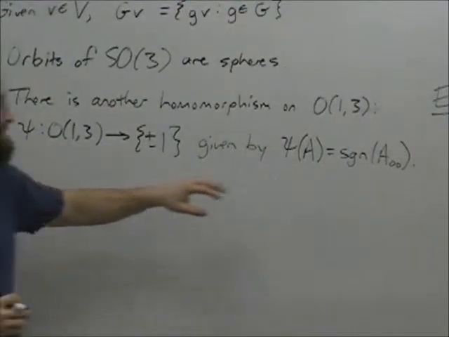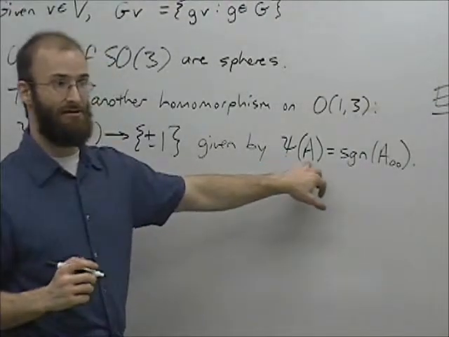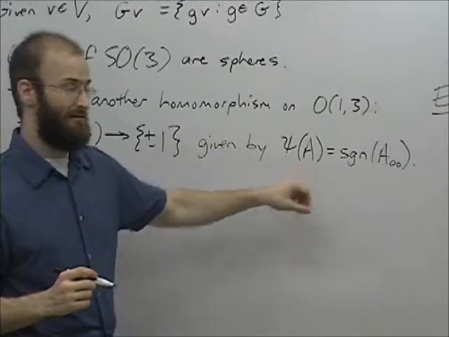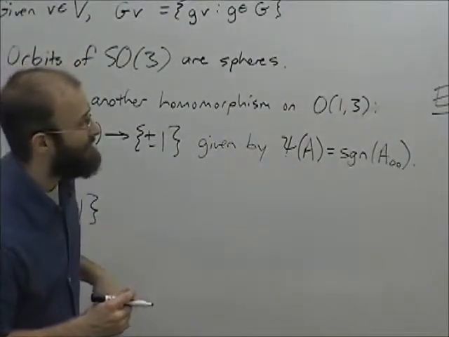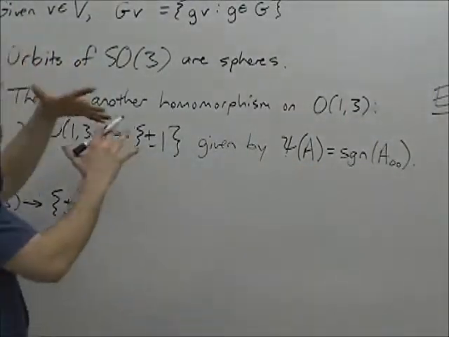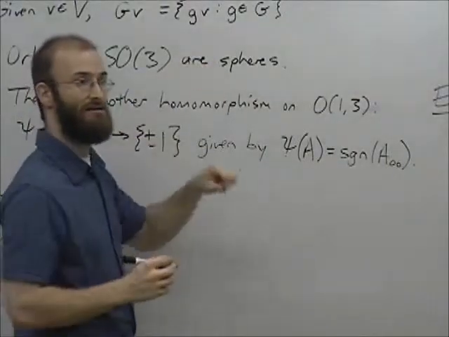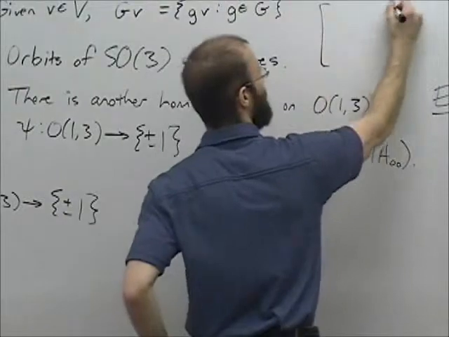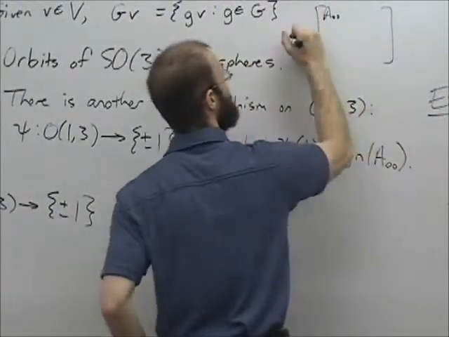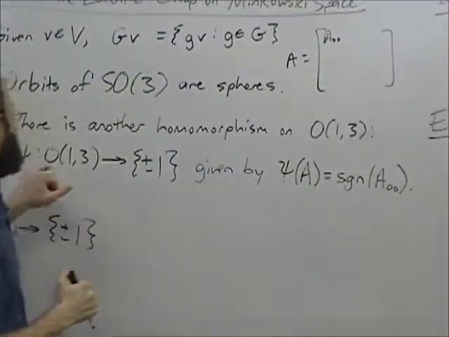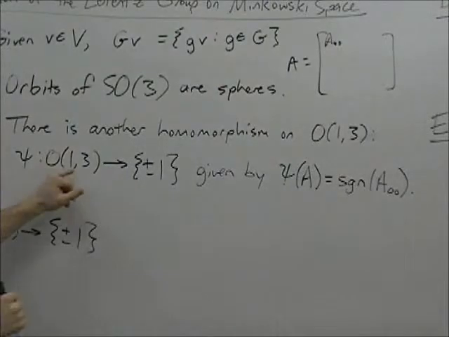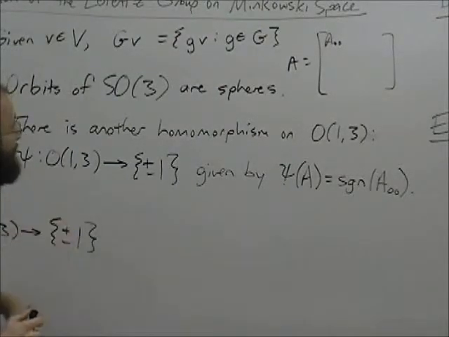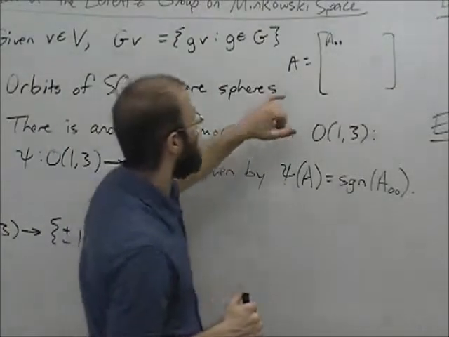Okay, what that means is A is a matrix. I've erased all the matrices, but if you look in the upper left-hand corner, this is where your A00 is. A is going to be in the orthogonal group, this is actually the Lorentz group.